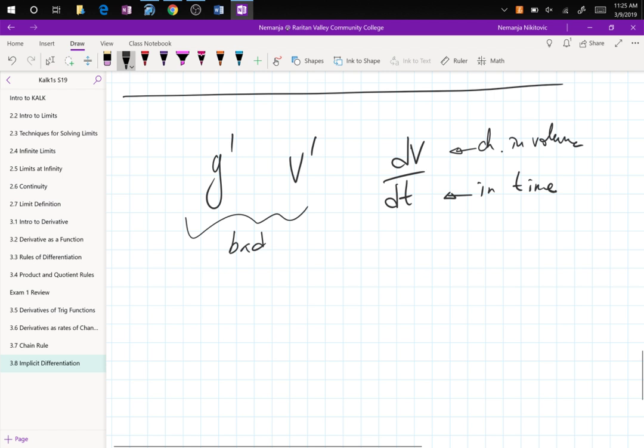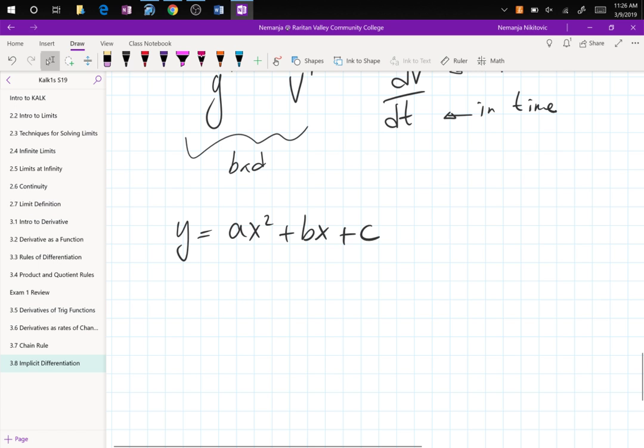See, if I write that my y function is equal to ax squared plus bx plus c, and I ask for the derivative. Now, standard thinking is that a, b, and c are constants, coefficients and constants, and x squared and x are variable parts.